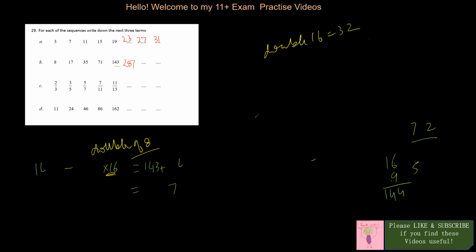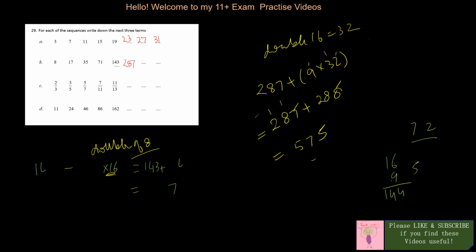So you have to do 287 plus 9 times 32. That is your next number. That is going to be 287 plus 288, and your next number will be 575.